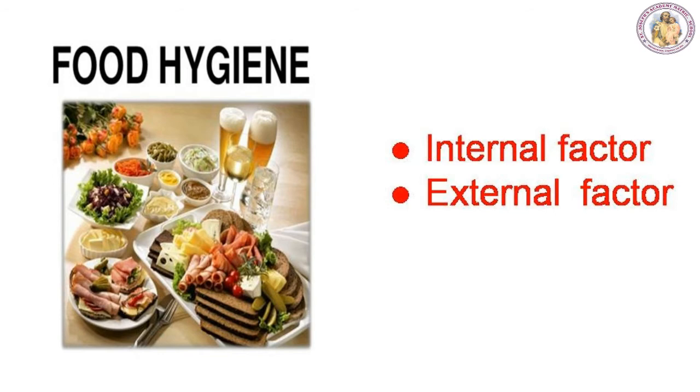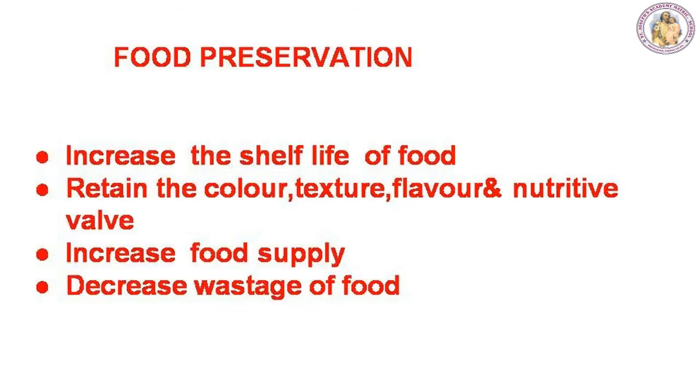There are two factors responsible for the spoilage of food: internal factors and external factors. Internal factors include enzymatic activities and moisture content of the food. External factors include adulterants in food, contaminated utensils, equipment, unhygienic cooking area and lack of storage facilities.